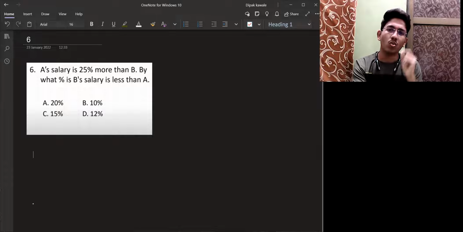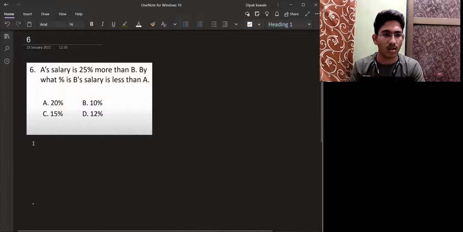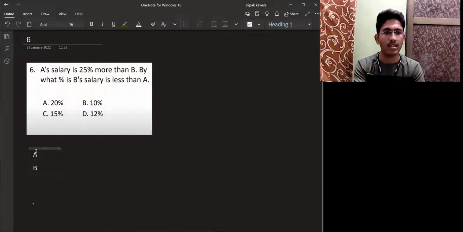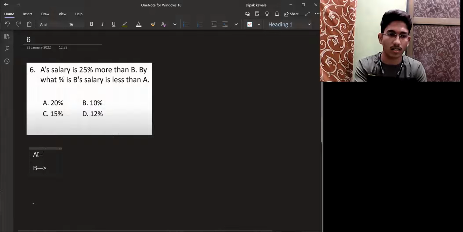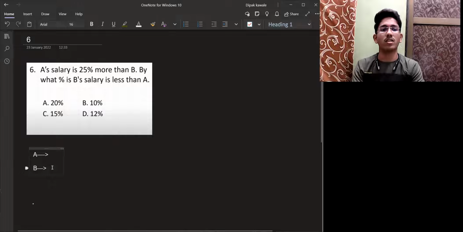Students, tell me whose value should I assume as 100 so that my calculation will be simplified. Let's look at the screen. This is my A and this is my B. Tell me, whose value should I consider as 100 such that my calculation gets simplified?